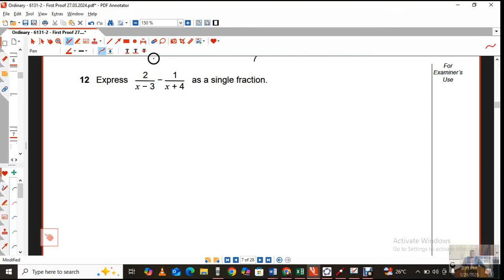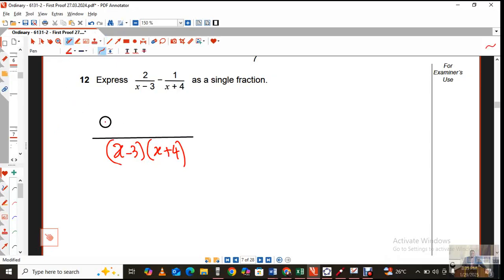Right, let's get to question 12. You are supposed to express 2 over x minus 3 minus 1 over x plus 4 as a single fraction. Right, so think of this x minus 3 and the x plus 4 as going to be the LCM.